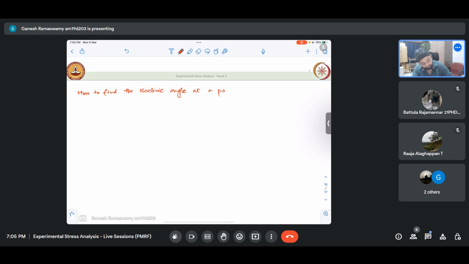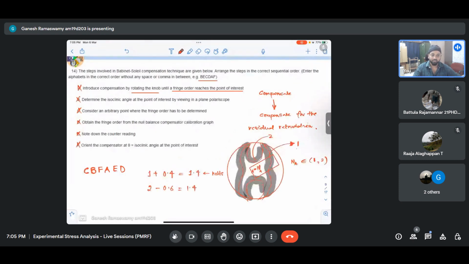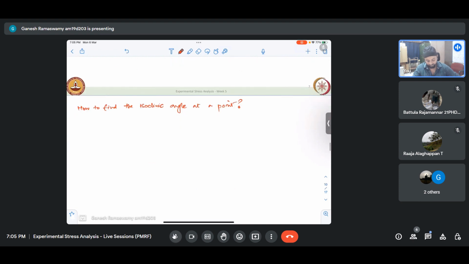We have seen how, once given the isoclinic, to arrive at the integer and fractional fringe order and add them to get the total fringe order at that point. But essentially, how we arrive at the isoclinic angle is a question. We have a polariscope here.